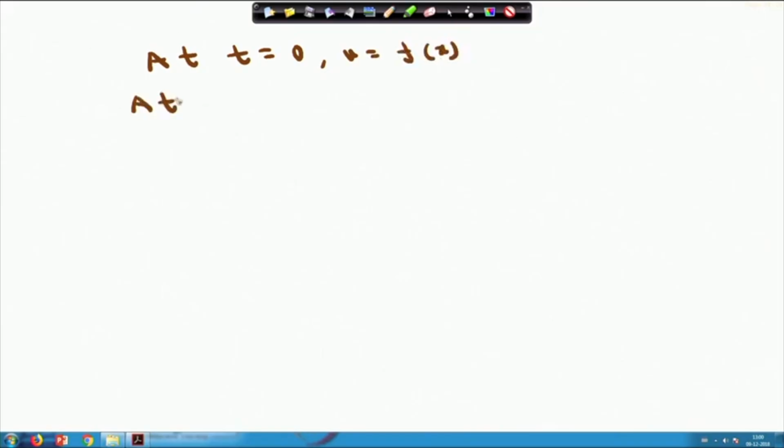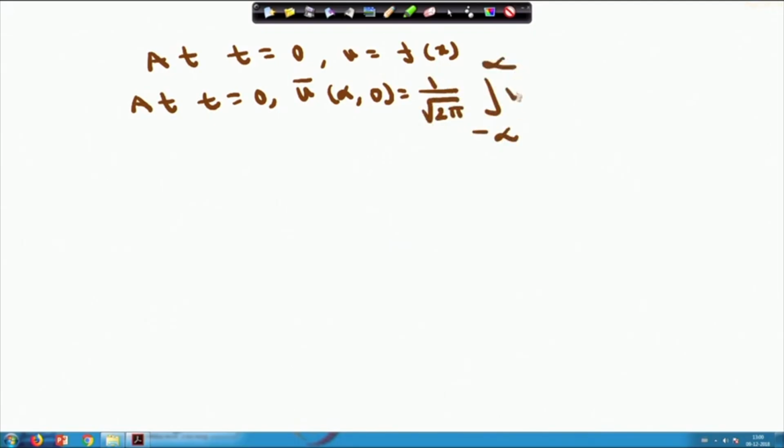So, at t equals 0, u bar alpha 0 equals 1 by root 2 pi integral from minus infinity to infinity. From the definition, you can write down u x 0 into e power I alpha x into dx. And this equals 1 by root 2 pi, u x 0 is nothing but f x.